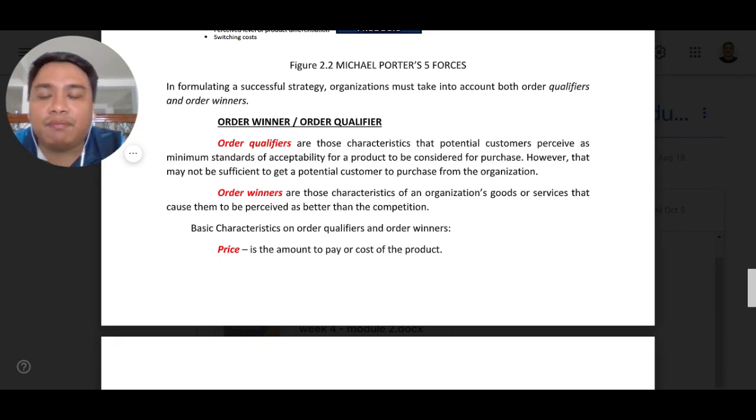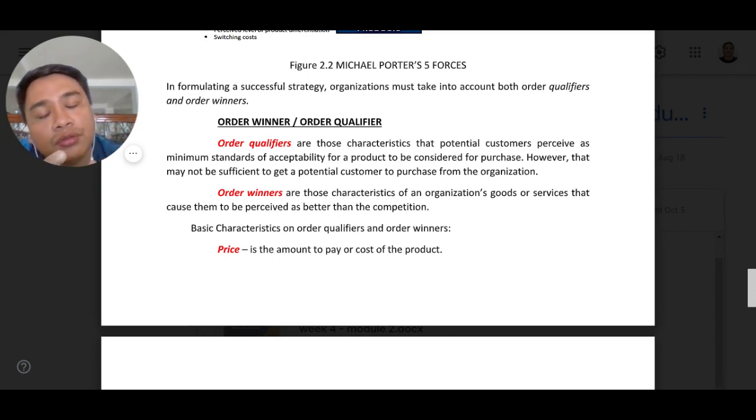Another example, dun sa cheeseburger ng Jollibee tsaka yung McDonald's. Yung sa cheeseburger ng McDonald's, meron siyang pickles, meron siyang cheese, meron siyang mustard, meron siyang ketchup.